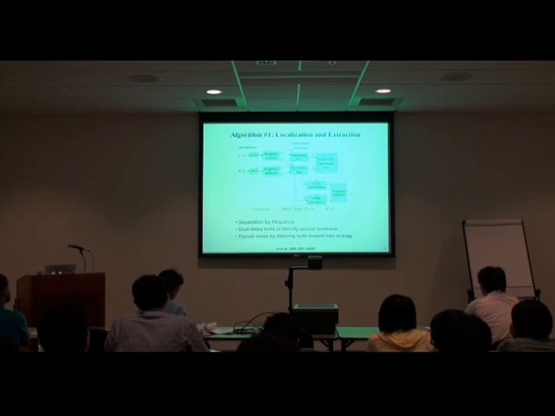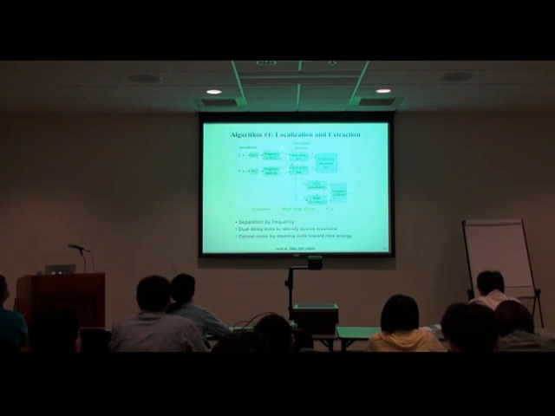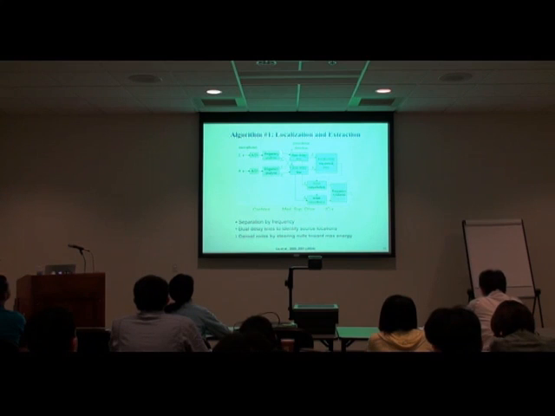So we first tried the localization and extraction algorithm, and we really used the biological principle. We first perform the frequency analysis, the Fourier transform, breaking down the sound frequency into individual Fourier components, F1 to Fn, for both the left microphone and the right microphone.